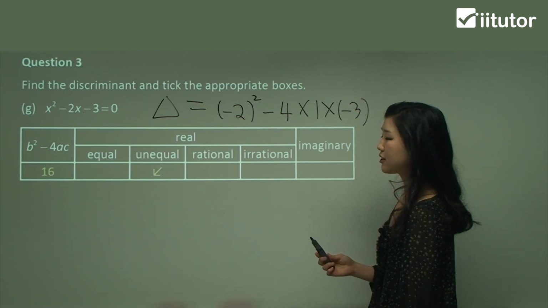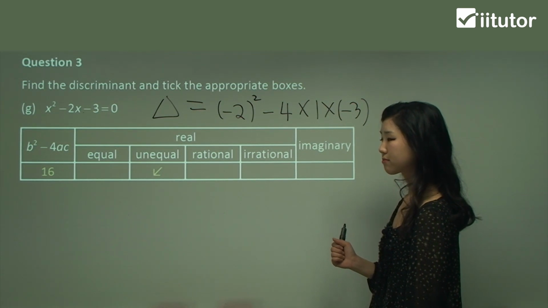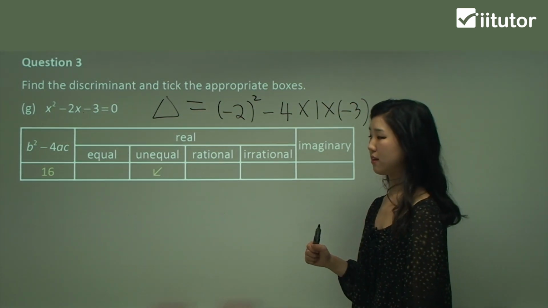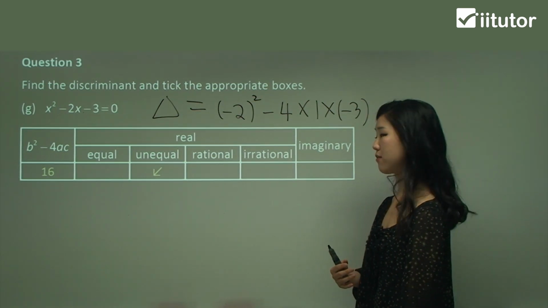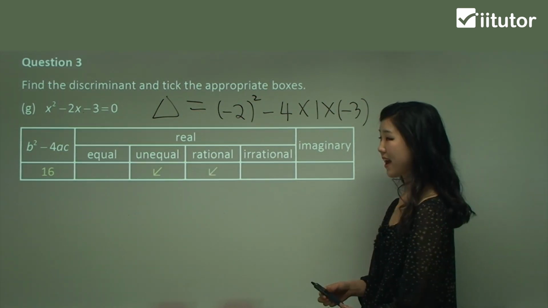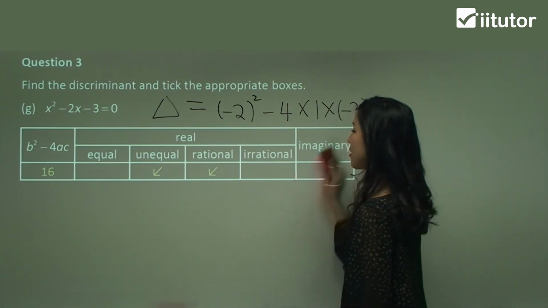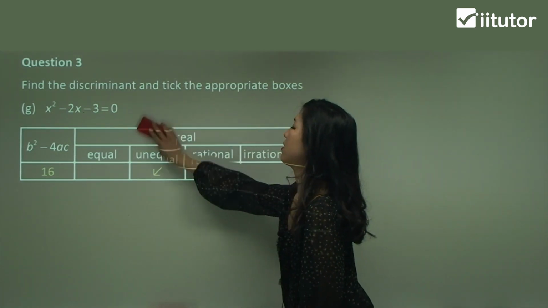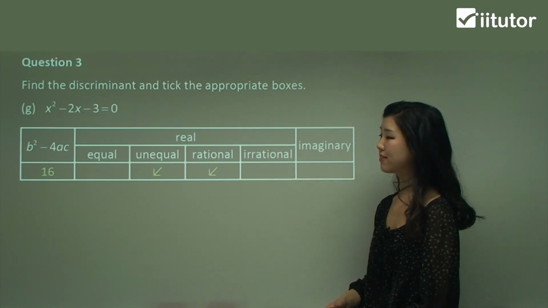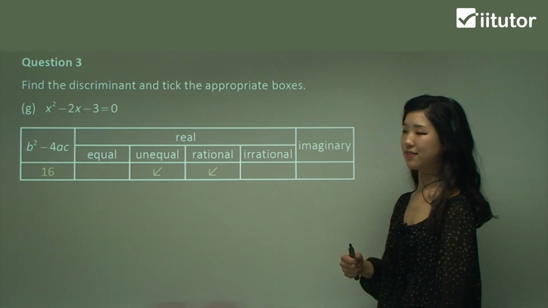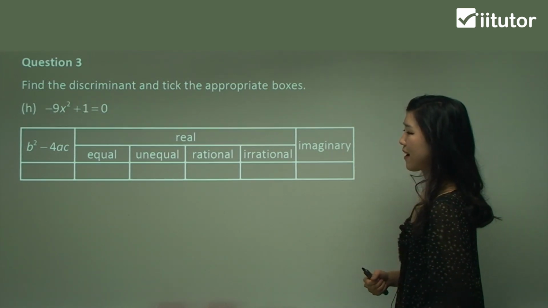Now, is it rational or irrational? If we square root 16, what's the outcome? It's 4, isn't it? So it's a perfect square, so therefore it's rational. Okay, so that was pretty simple, I hope. Question 3G, the roots are going to be unequal and they're also going to be rational roots. Okay, that's question 3G.